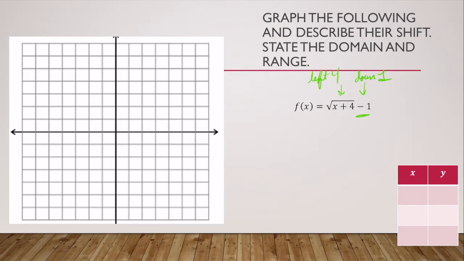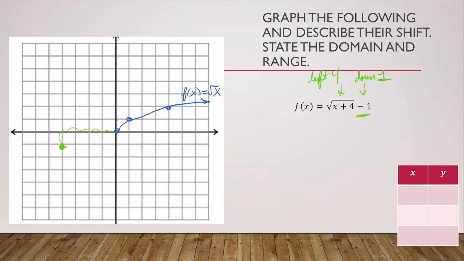So let's use this to find 3 points. I'm going to go ahead and graph the square root function. This is f of x is the square root of x. And I said my graph was shifted to the left 4 and down 1. So I'm going to take every point and go to the left 4: 1, 2, 3, 4, and then go down 1. That's my new point.